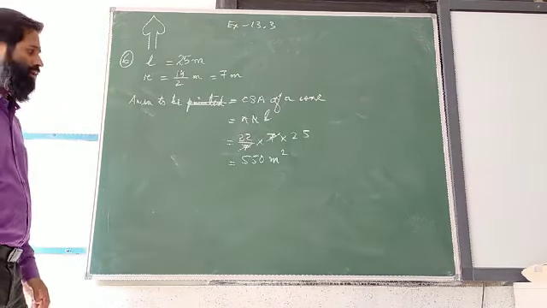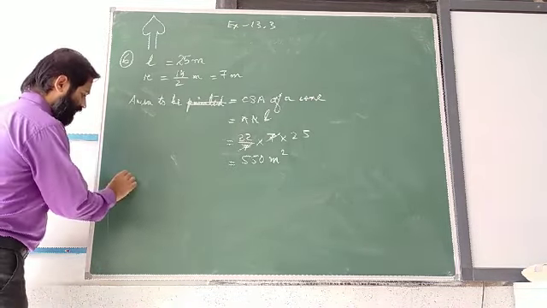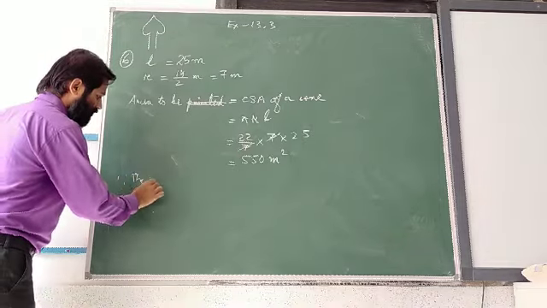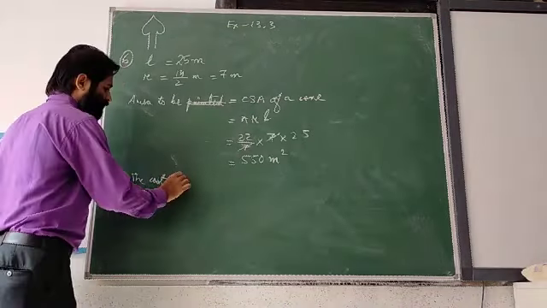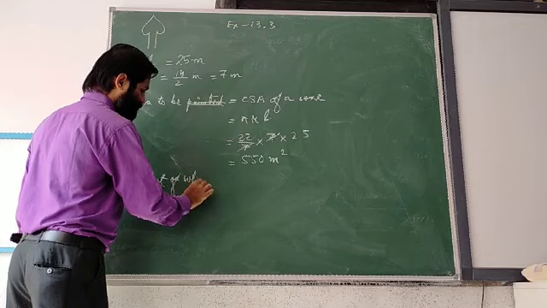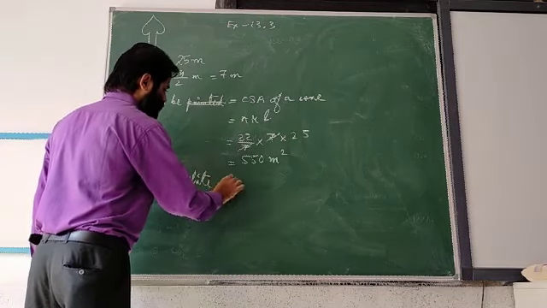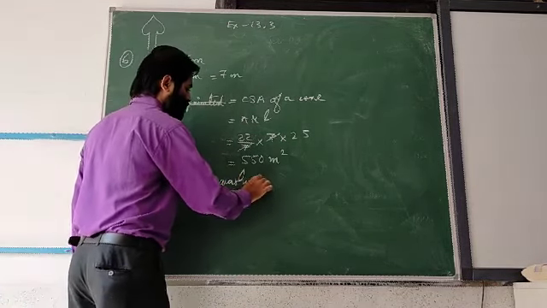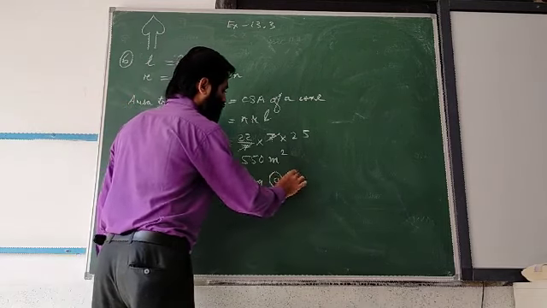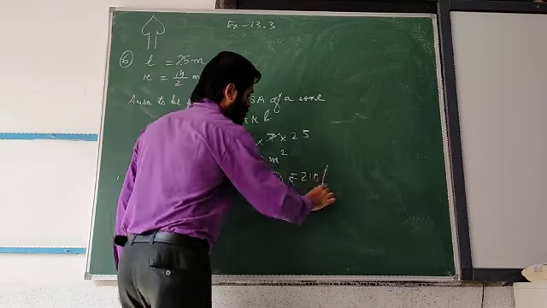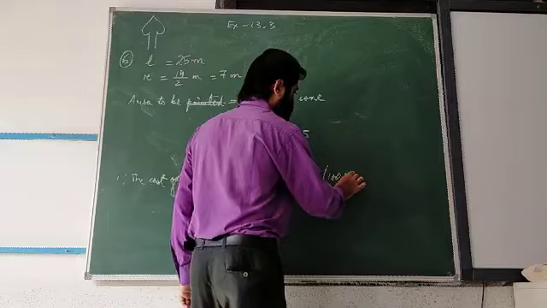And at the end, therefore, the cost of whitewashing at the rate of rupees 210 per 100 meter square.